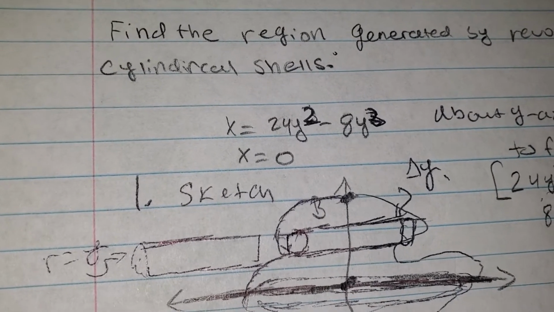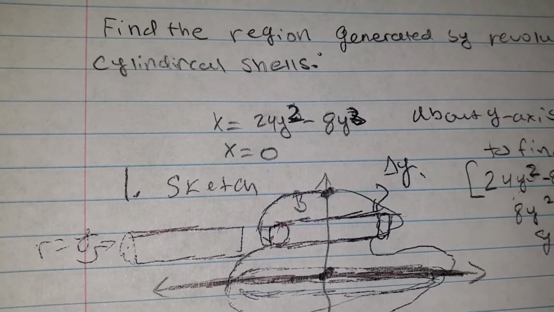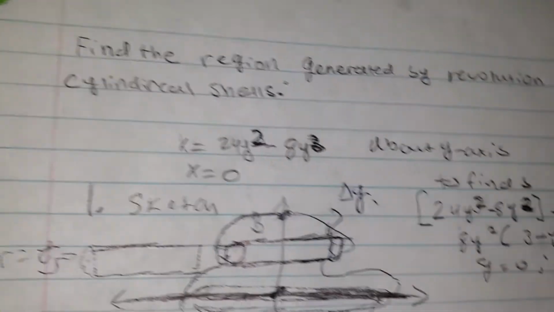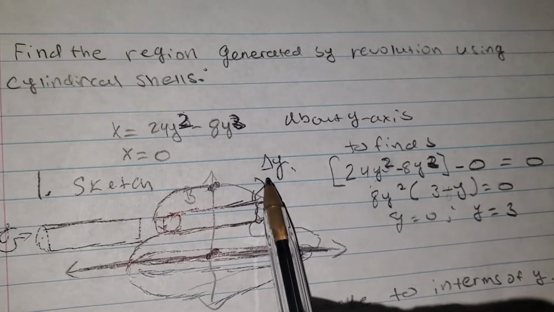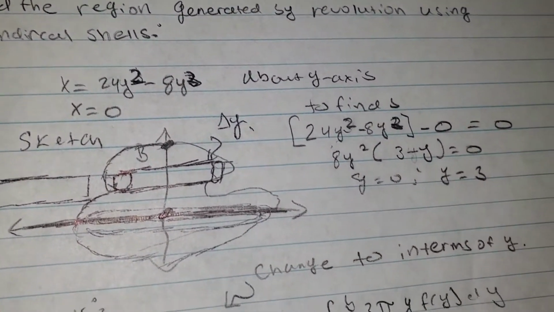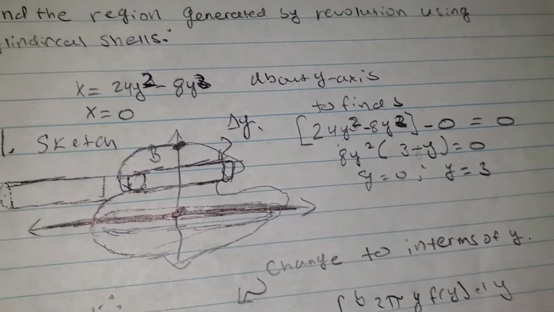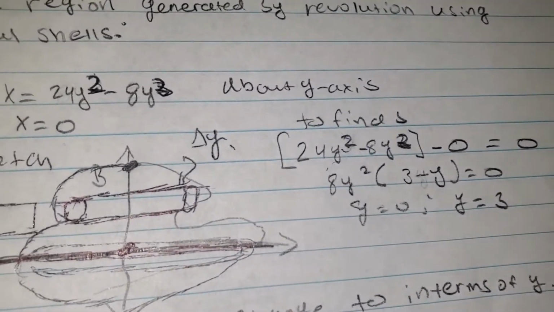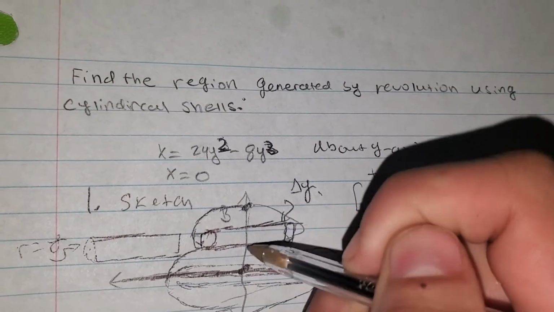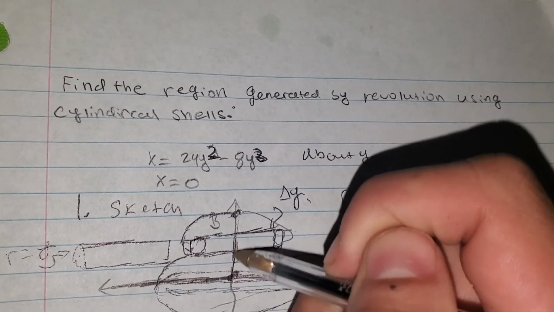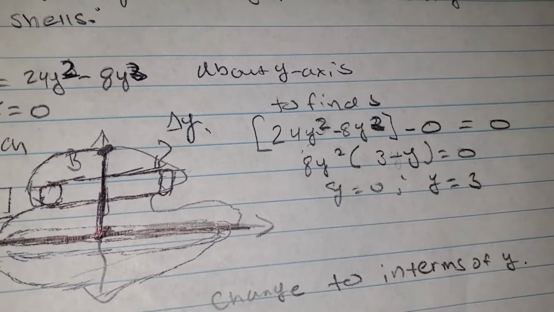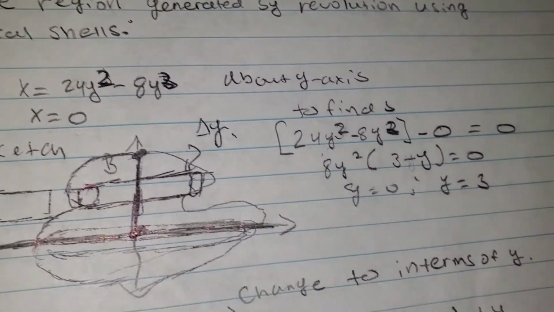Now we need to find our limits of integration. I also mark the graph with a dy, so I know it's with respect to y. Since we're in terms of y, the limits will be on the y values, these vertical values instead of the horizontal values.